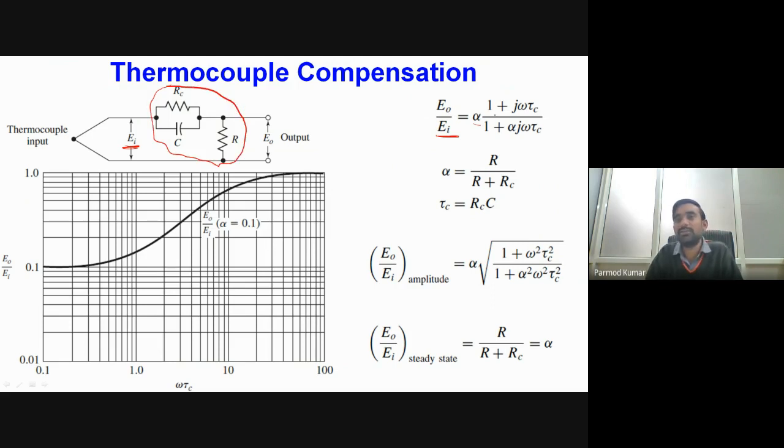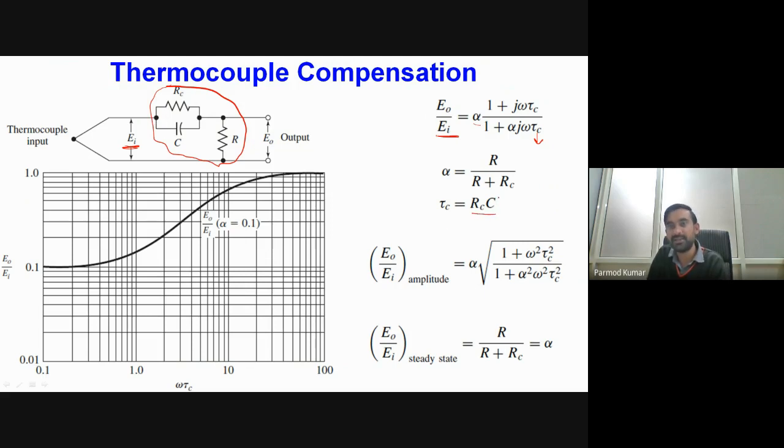The response will be alpha times (1 plus i omega tau c) divided by (1 plus alpha into i omega tau c). This tau c is once again the characteristic time of this electric circuit, which is RC times C.